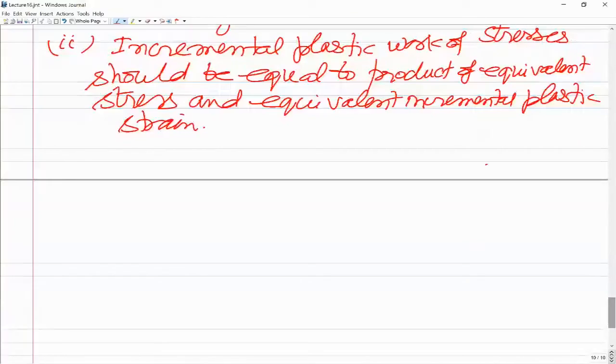So how we define it is, we define this d of epsilon equivalent p in terms of the components of plastic strain.